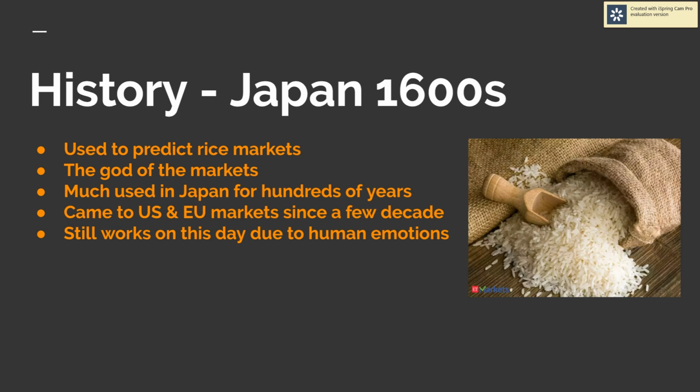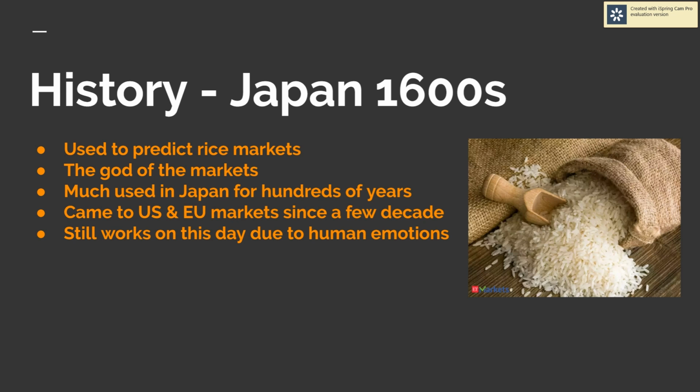And there was actually one god of the markets, just a guy who actually invented technical analysis, and he dominated the market for years. He made a lot of money from it, and actually he was the only one who knew about it until he read a book. And after he read that book, he wrote that book.